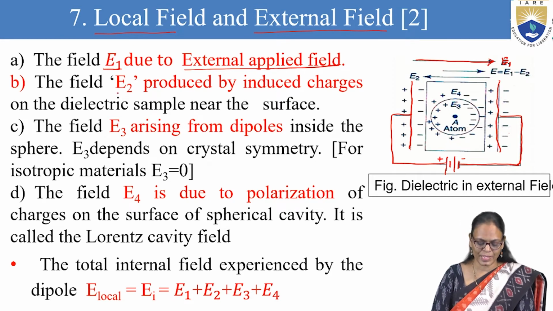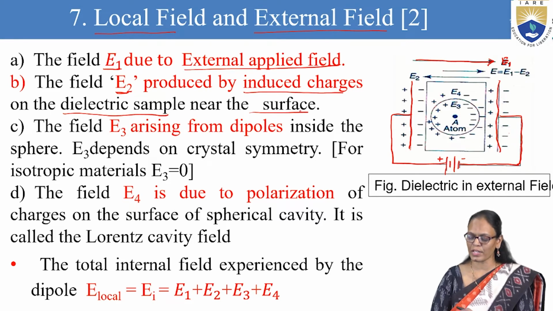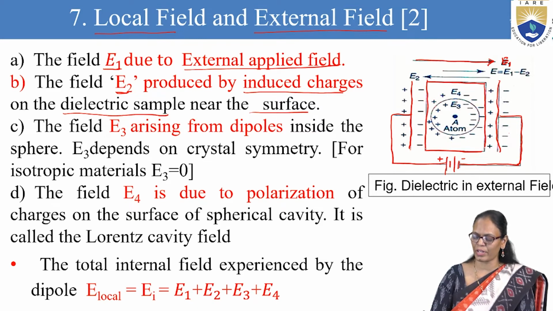Now comes E2. E2 is due to the induced charges on the dielectric sample near the surface. What is the dielectric sample here? This is the dielectric sample we are putting in the electric field. We have the electric field like this, and in the field we have placed this dielectric. Now what will happen on the surface of the dielectric?